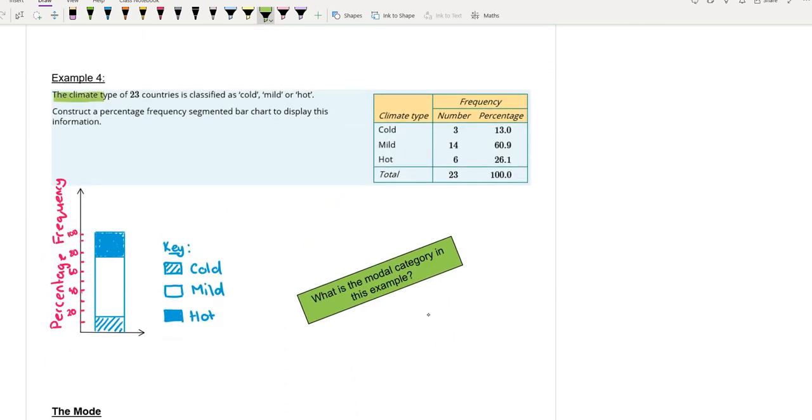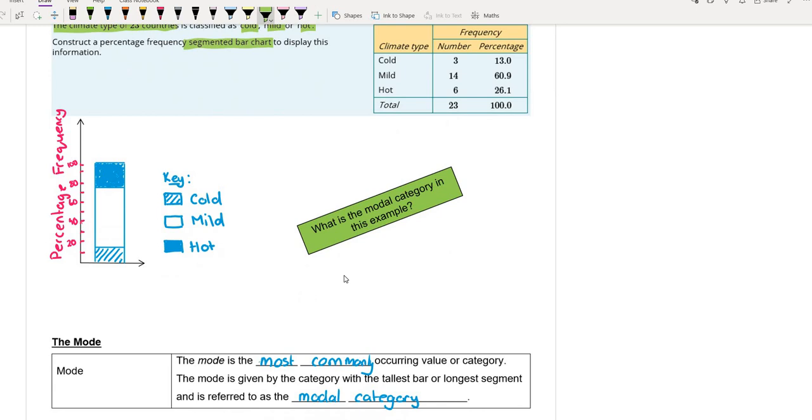This is the climate type of 23 countries classified as cold, mild, or hot. And here is the frequency table for it. So we're asked to put it into a segmented bar chart. As you can see, I've decided to distinguish the different segments in my bar using these three styles, and displayed it that way.